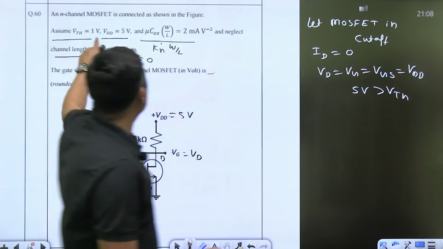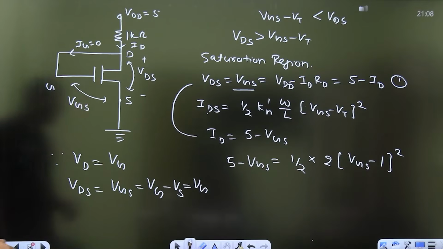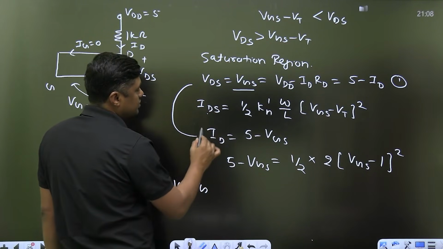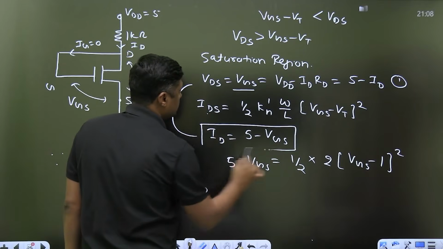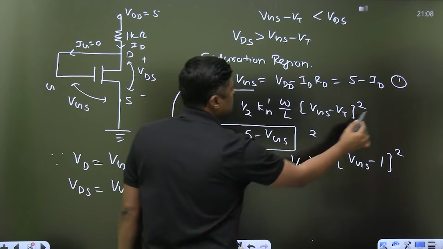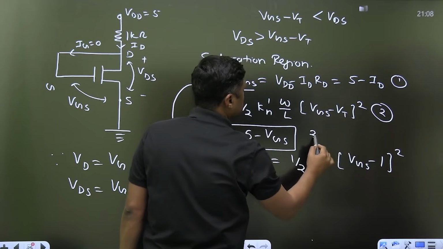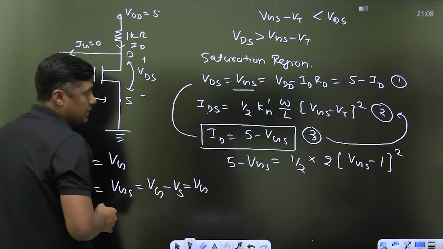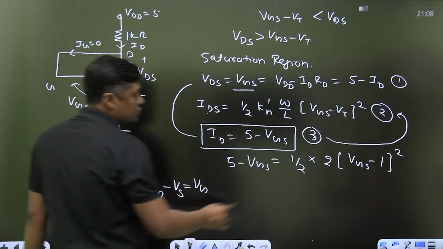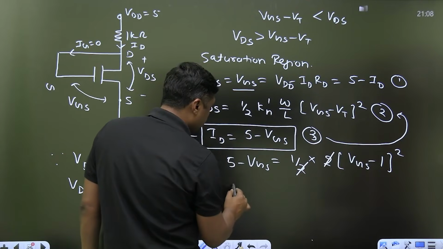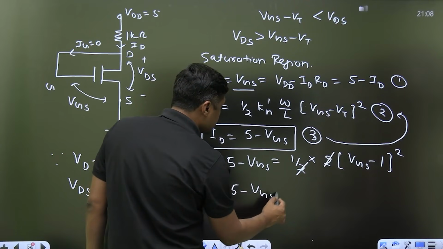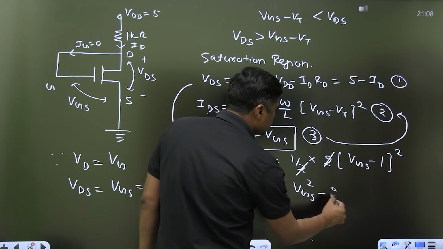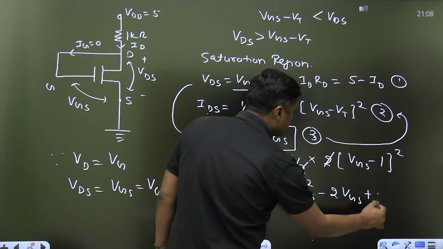Because ID is replaced by this formula, this is the important equation. This is the second equation. This is the third one. Put 3 into 2. You will get 5 minus VGS. This 2 cancels out. You can write 5 minus VGS is equal to VGS square minus 2 VGS plus 1.